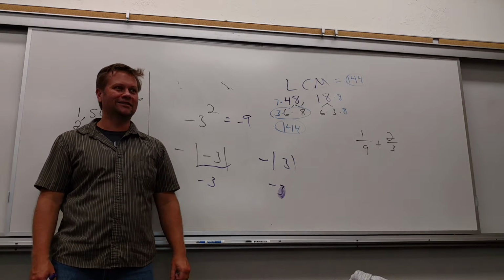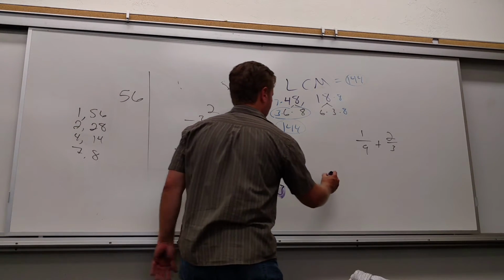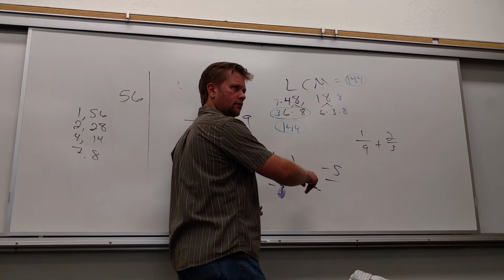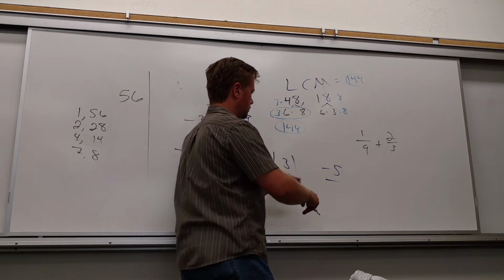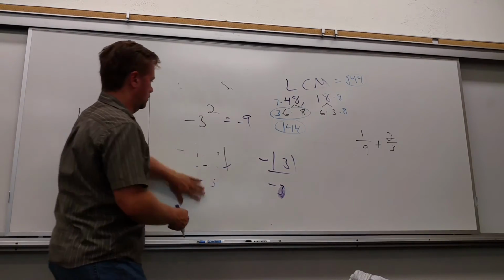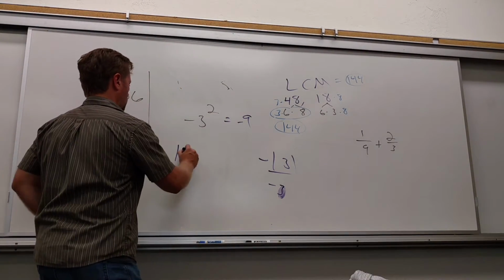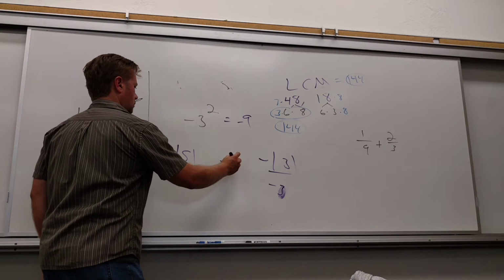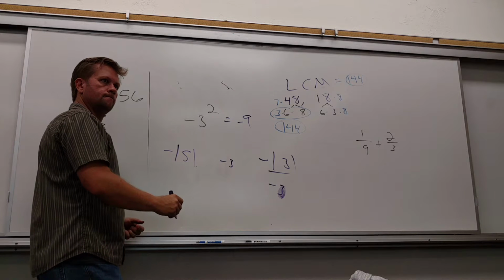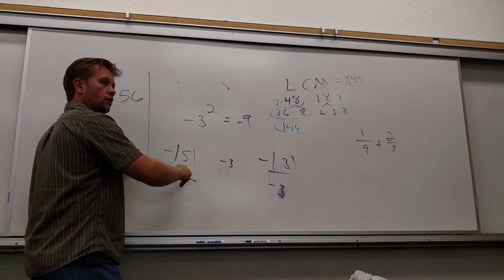One of the problems on your practice test. Well, no, you have a negative outside of the absolute value of 5. So you have the absolute value of 5, right? And you have a negative on the outside. You have to choose which one's greater, and then you have the -3. And I put the 5 was greater than the 3.